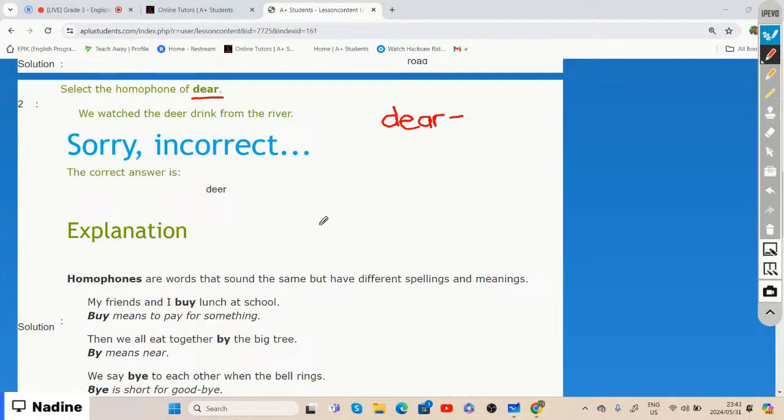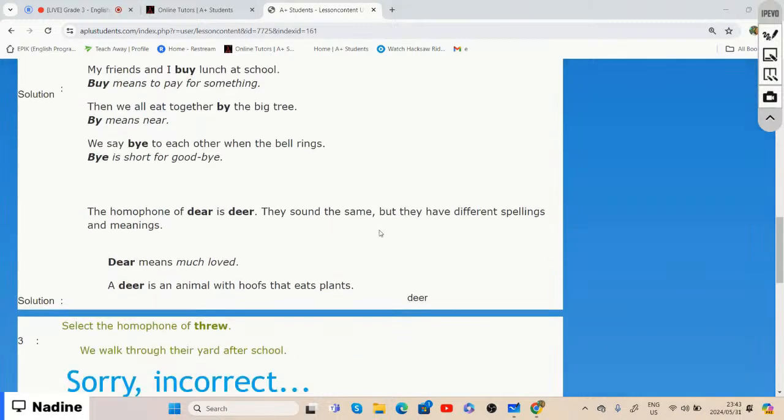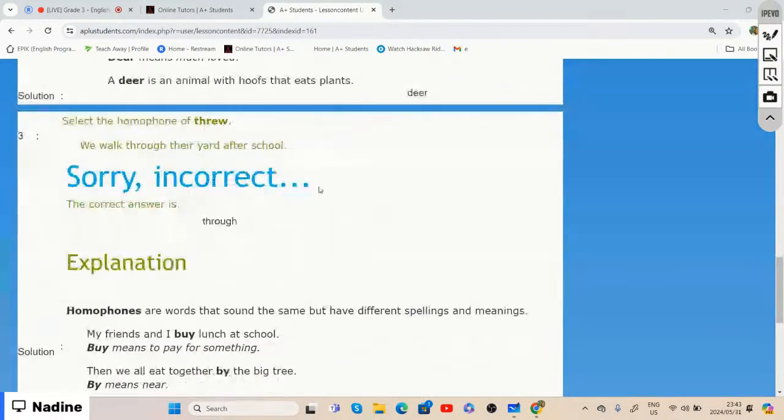All right. And if we were to choose the correct word, then we would say deer, right? So these two words sound the same, but the spelling and the meanings of those words are different.